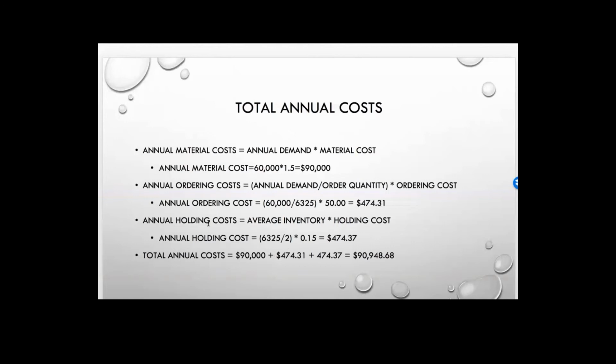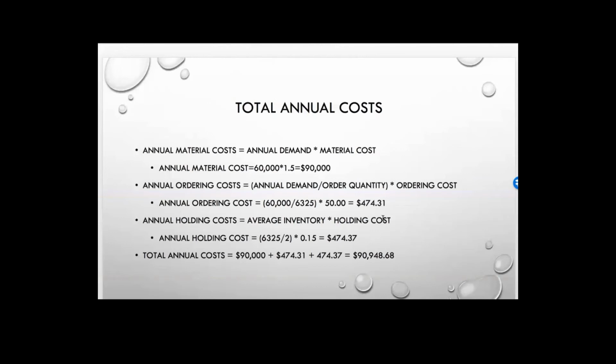Now our annual holding cost is very similar. We take our average inventory and multiply it by our holding cost. And this is where we come back to what I mentioned before. Our inventory is going to deplete at a constant rate, and the maximum inventory we're ever going to have at one time is 6,325, because one of the assumptions is that we order at 0.